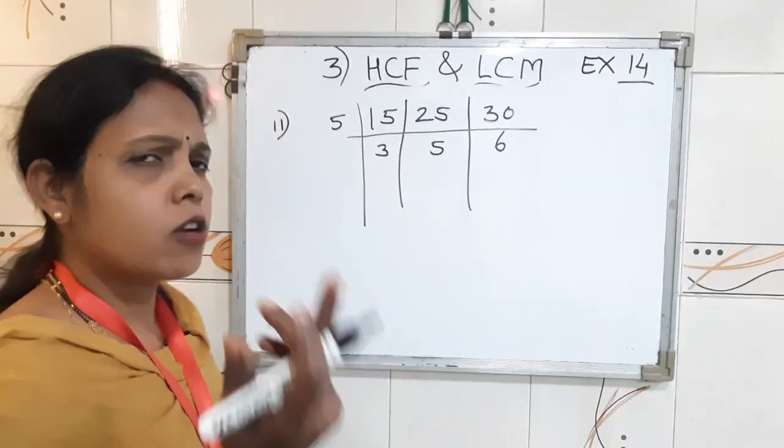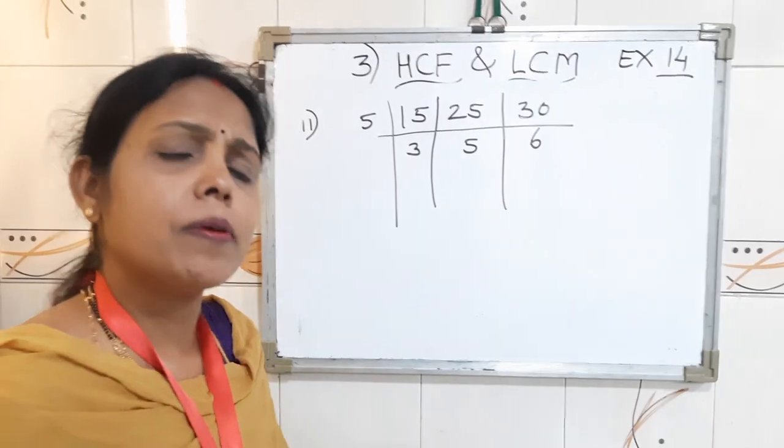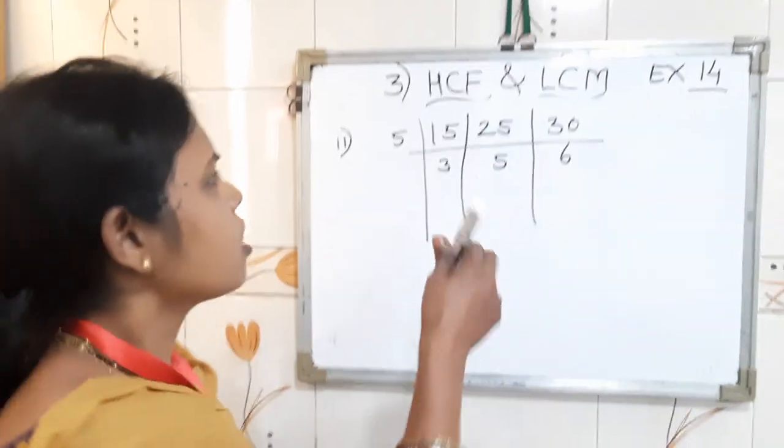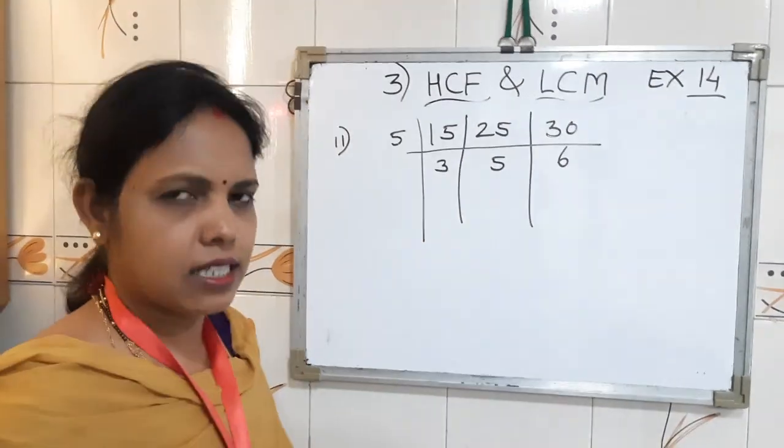Suppose here someone asks you what will be the SCF. So children, the common factor that is 5 is your SCF.